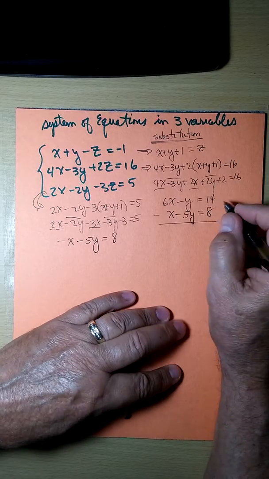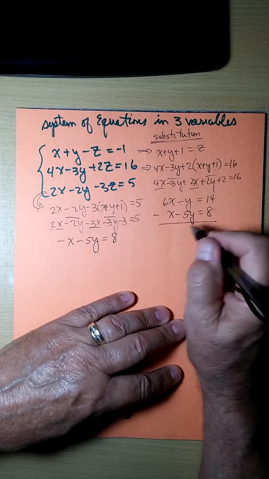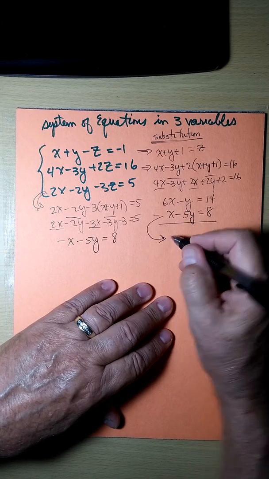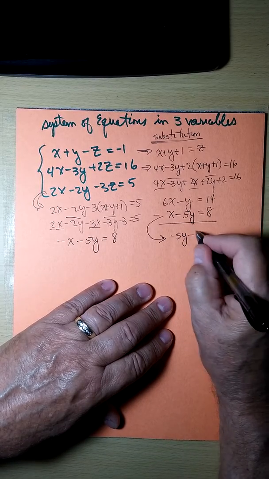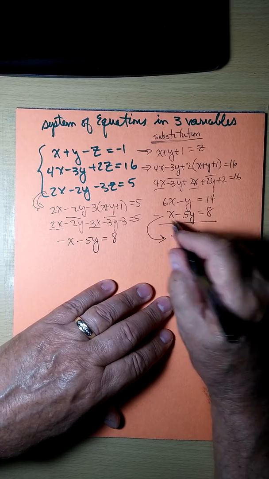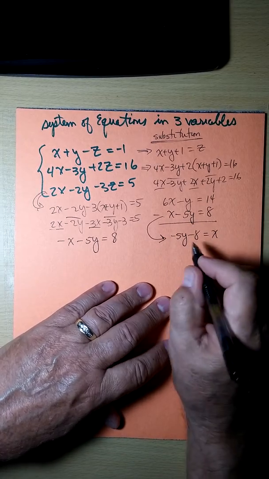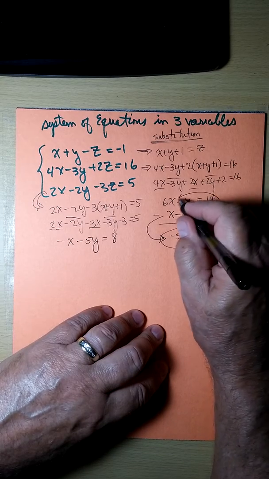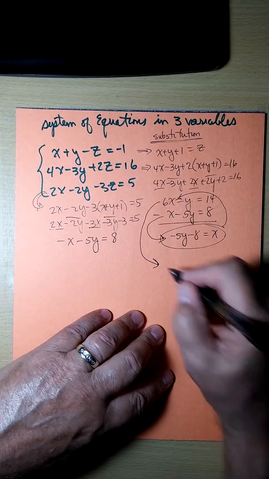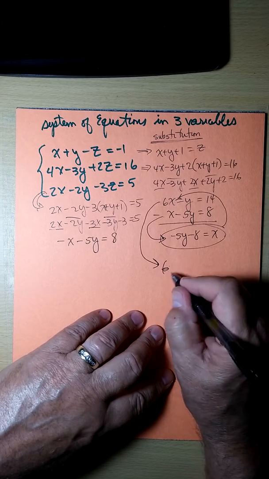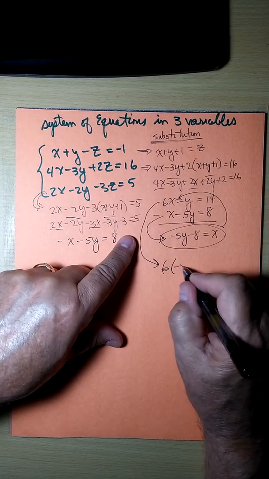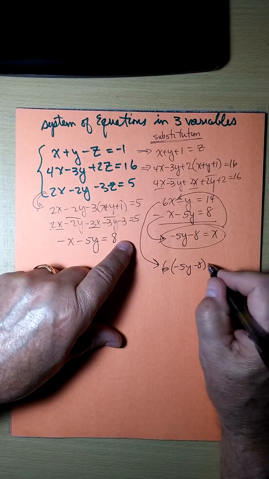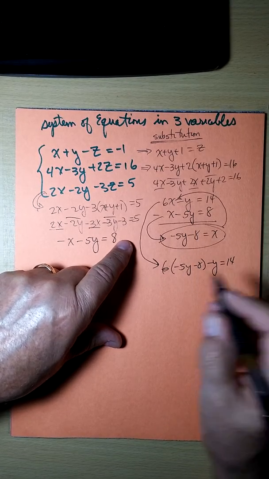So if we want to use substitution, let's solve for the x on this one. So this one's going to be negative 5y minus 8, subtract 8, and then add x to both sides. I'm going to plug that in for the x and get 6 times x, which is a negative 5y minus 8, minus y equals 14.